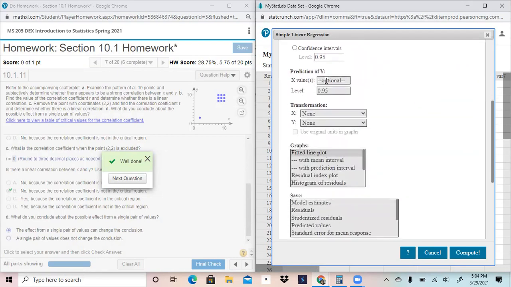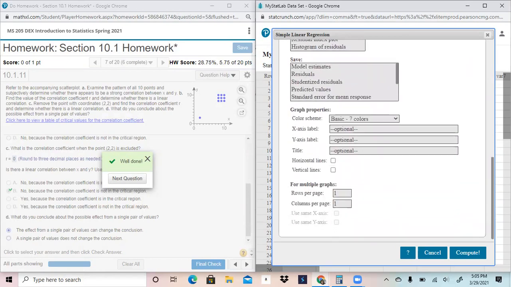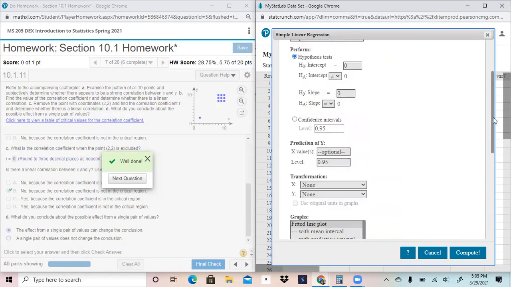You can use this to predict a Y value based on a given X value. So once you get the regression equation, you can use this to enter a particular X and see what the Y value would be based on the equation. And this is where you can also get your scatter plot. All kinds of great things we can put in here.